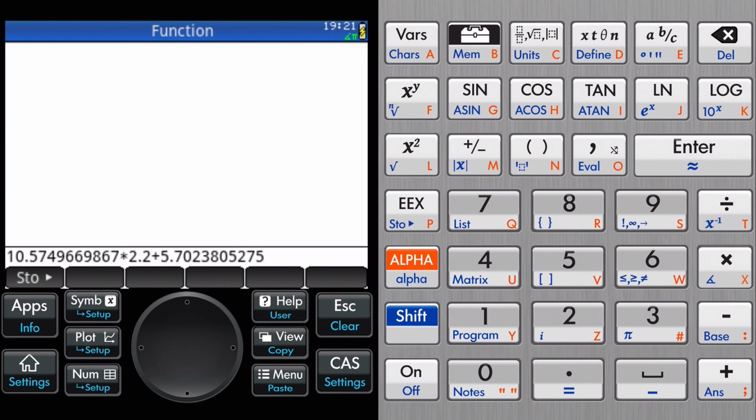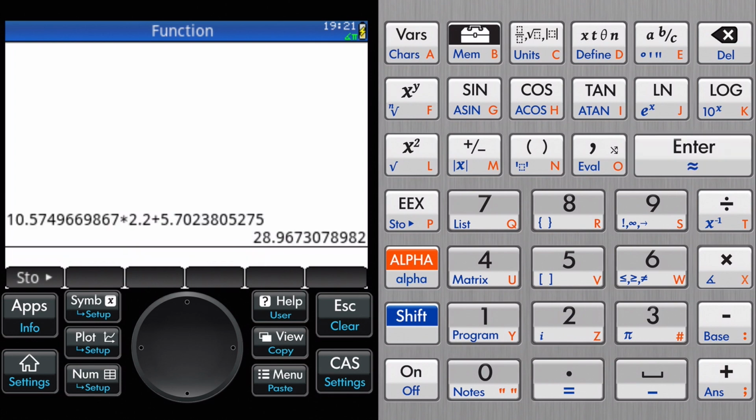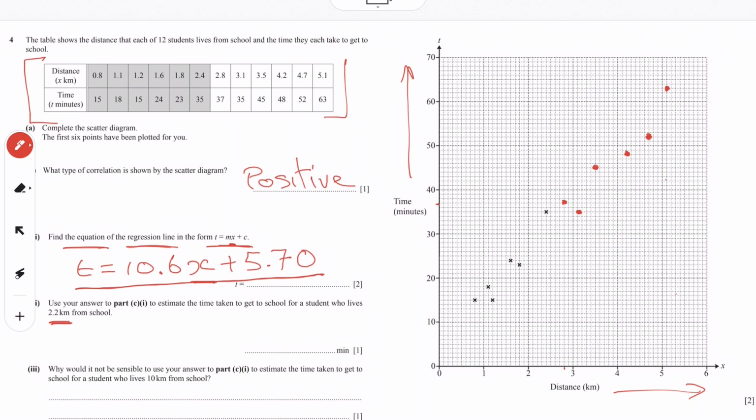Then go back to the end, press enter, and I've now got a value of 28.967. Okay, I can write in here 28.97. So it's going to take 28.97 minutes.